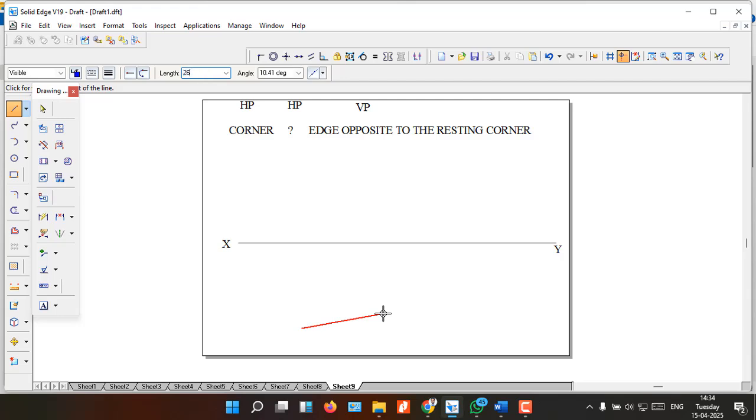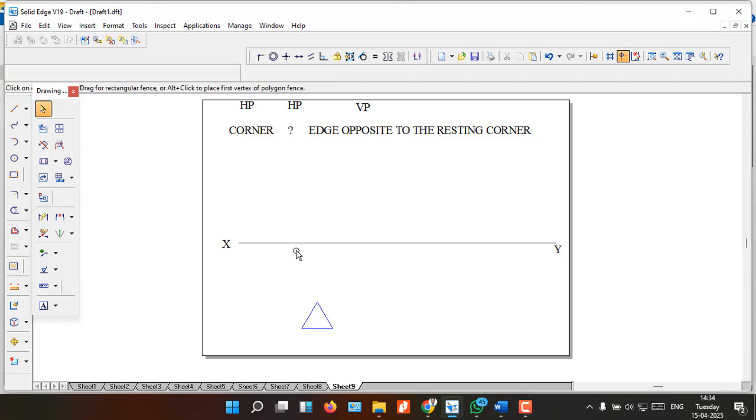So now it is 25, enter; first is 0, and again 25, enter; it is 120, that is 360 divided by 3; and again 25, enter; it's 120 into 2, that is 240. So we'll get a triangle here, and that should be of 0.5.